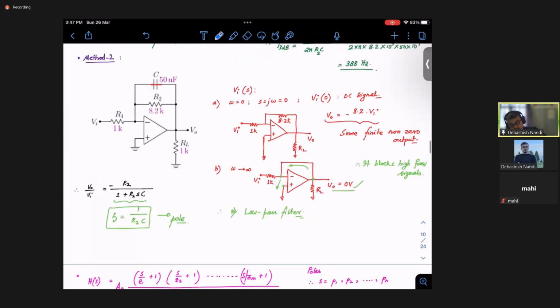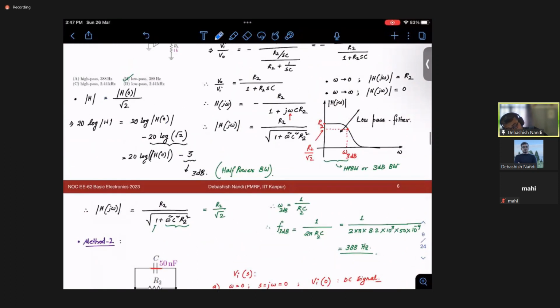You can see at this also, this was the pole only, at which you have this 3 dB, right? From this solution also see, this is the pole location. Pole is at 1 by R2C, right? So at the pole location you have your 3 dB frequency.